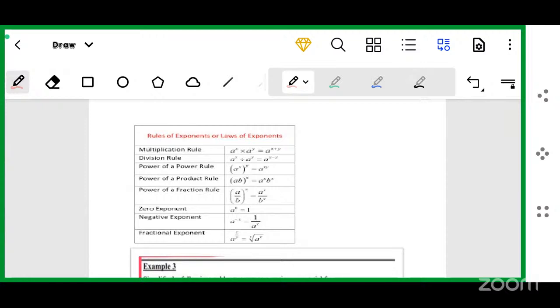Perfect. So let me see the last one. So now we have a to the power of fraction x over y. Do you know how you transfer this? Is it going to be a divided by xy?